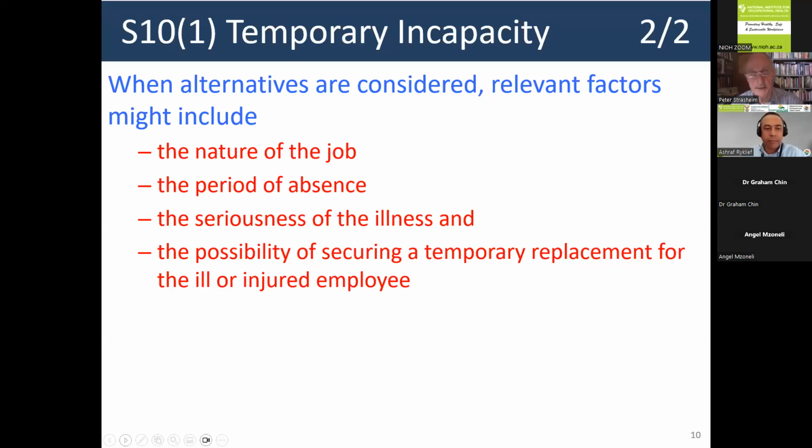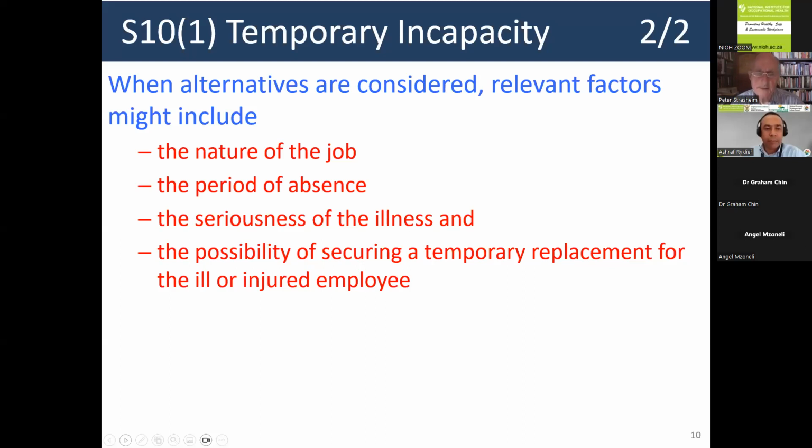And you can take a look at DSM-5 or ICD-11 to take a look at the projected future anticipated recovery period in relation to that illness. Then this is important, the possibility of securing a temporary replacement for the ill or injured employee. It's over here that for employers in the litigation I do, things start to go wrong.